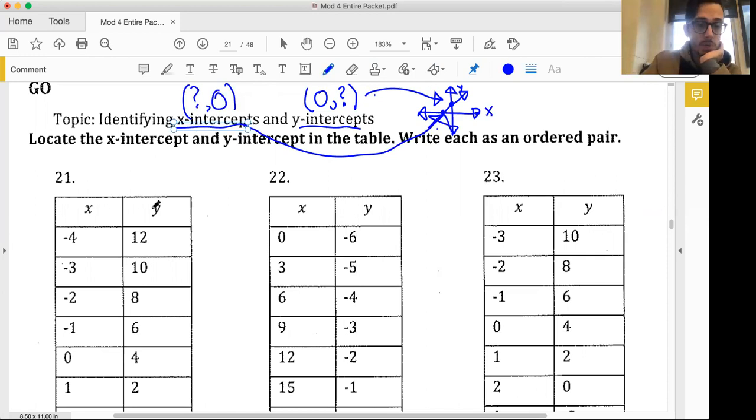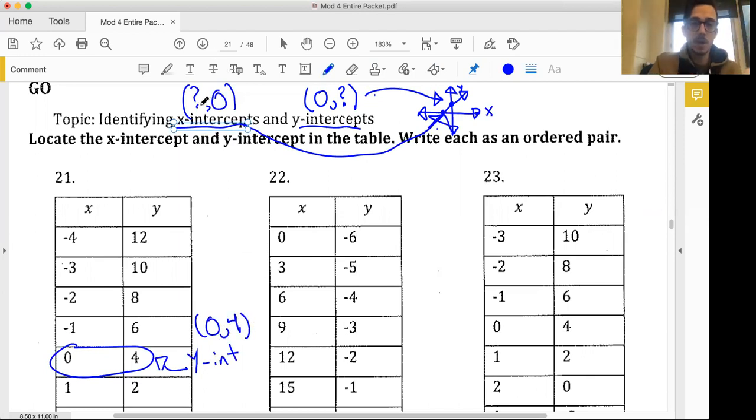We're looking for zeros for the coordinates. So in this, I see that my x-coordinate's 0, the outcome's 4. So this is definitely my y-intercept, where, again, x is 0, the outcome is 4.